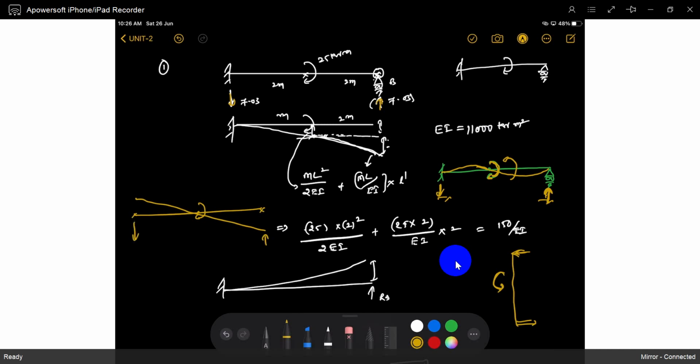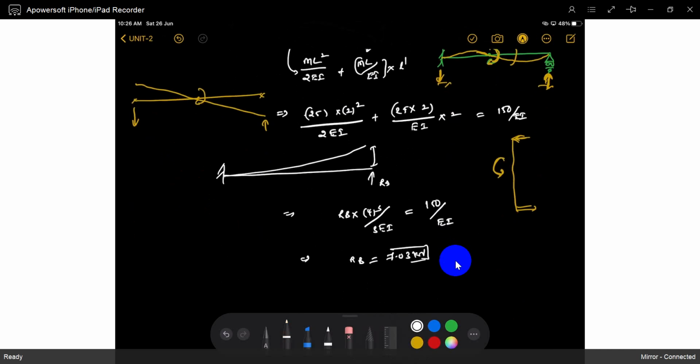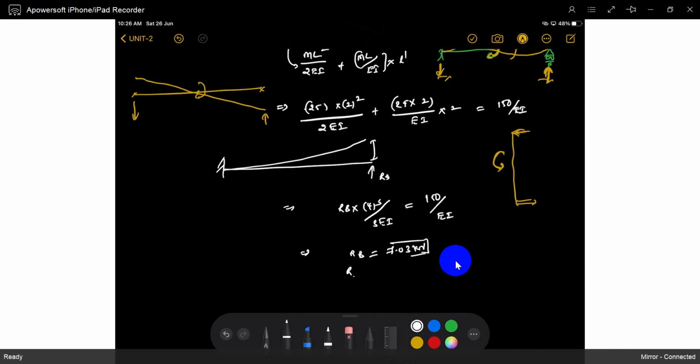Understood? These are common sense. No need to remember this as top or bottom. It is just common sense. So this is RB, and this is RA also.